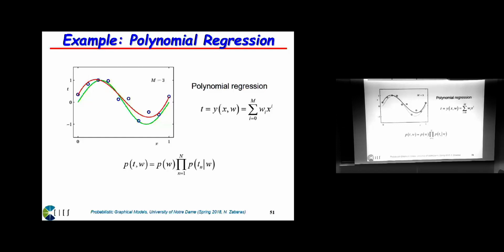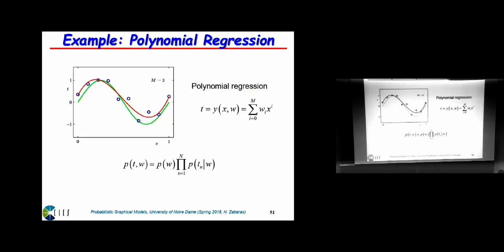So what we do is we come up with a regression function that is basically, in this case, a linear model. Okay, so w_i times x_i. And these coefficients w, we take them as random variables, so we're going to put some prior on them.